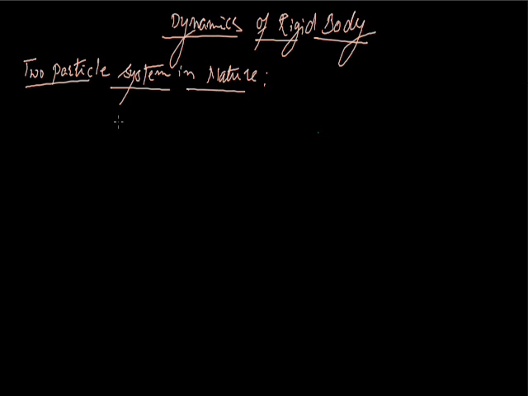In a two particle system in nature, relative motion of a system of two particles or two bodies under central forces can be analyzed in terms of motion of a single imaginary particle or body. The effective mass of this particle or body is called the reduced mass of the two particle system.